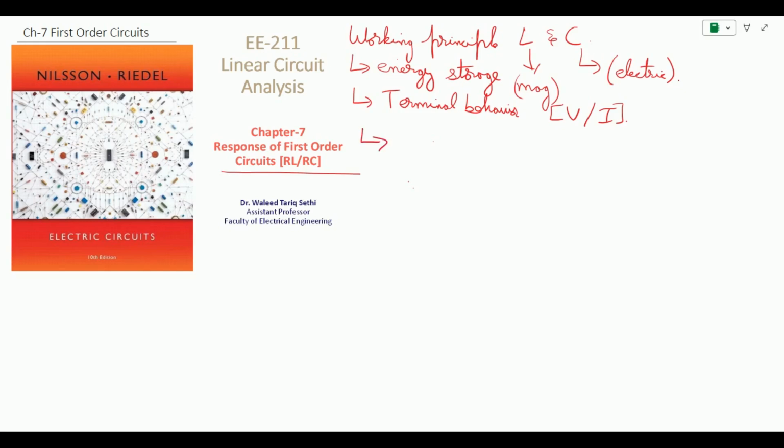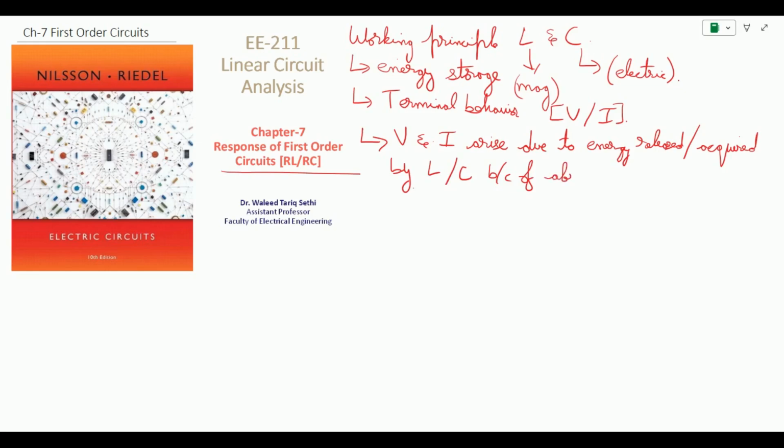So in this lecture we are going to understand how the voltages and currents arise due to energy released or acquired by the circuit elements, inductor or capacitor, because of abrupt changes or transitioning from point A to point B of sources. So this is the goal of this chapter.